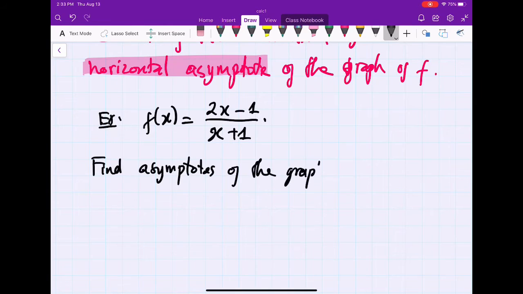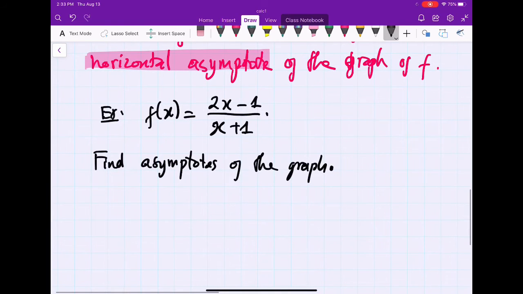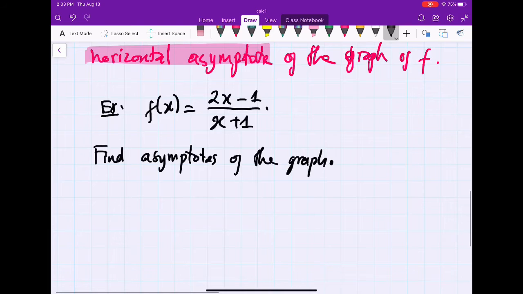I'm talking about vertical and horizontal. Just repeat that, that's fine, because we need to understand the behavior of the function when x is close to infinity.